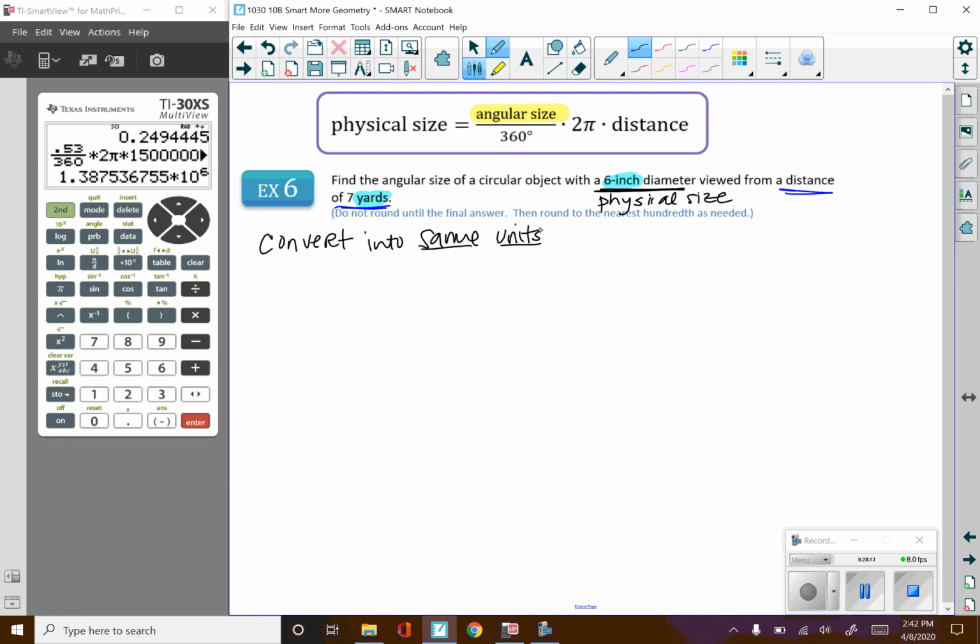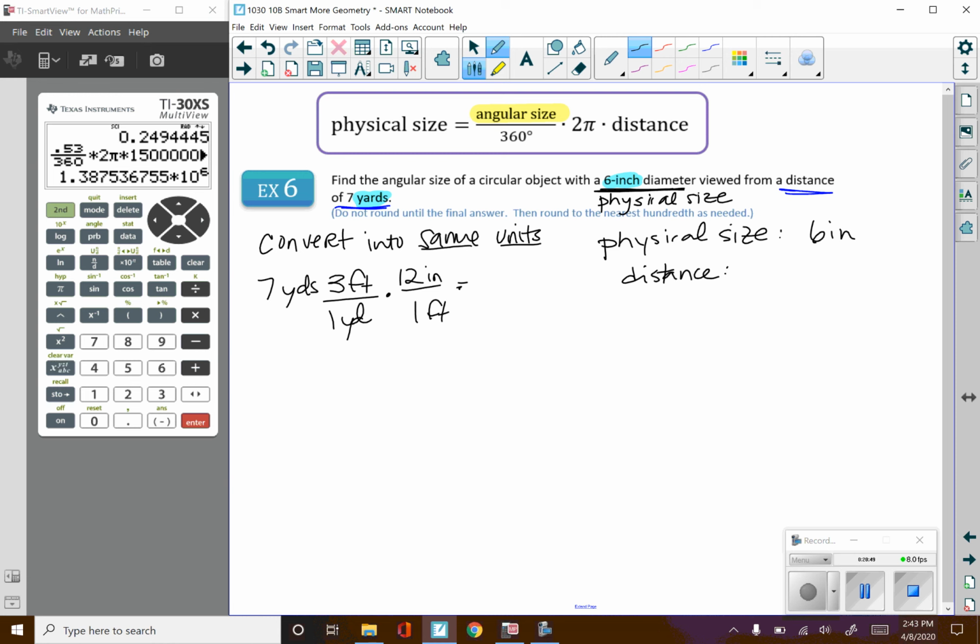I'm going to use inches as my units. You could pick yards. It just depends. I usually go to the smaller one. So our physical size is going to be 6 inches, just as given, but our distance we need to convert. So 7 yards. Well, each yard is 3 feet, and each foot is 12 inches.